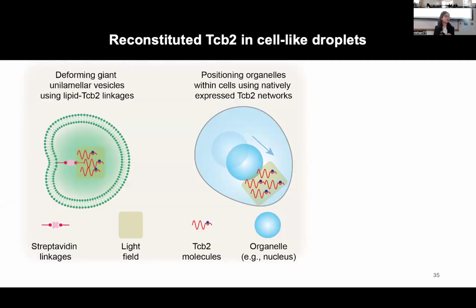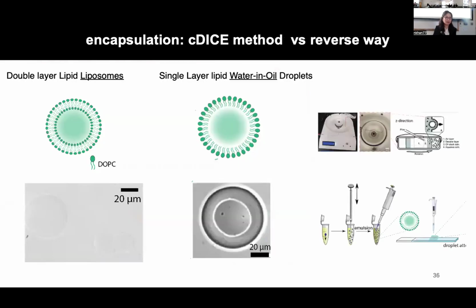So I encapsulated the TCP2 into droplets, and I want to see what happens inside the droplets. Could they function the same as in the Spirostomum, in the Tetrahymena, or in anything? But I have to admit, this is a really hard experiment, and I have tried for a really long time. But to this day, I can still only summarize what I have observed and tested.